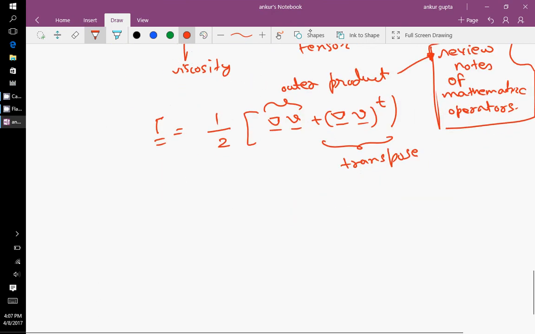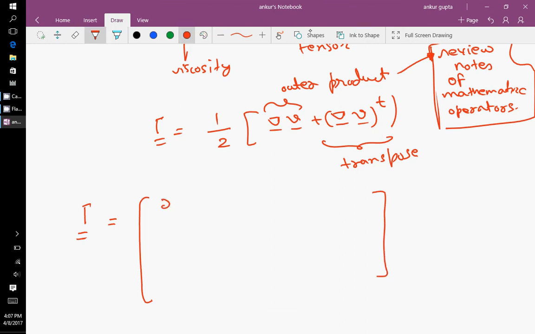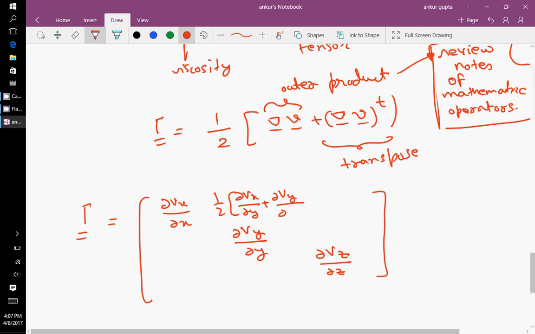In other words, if I write the strain rate in terms of exactly what it is made up of, it is symmetric.